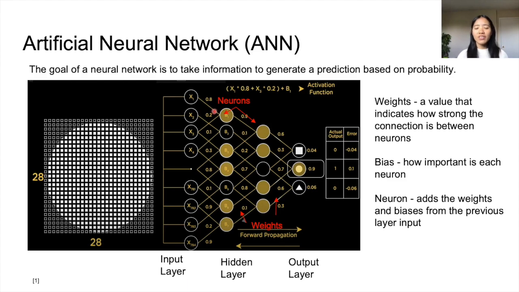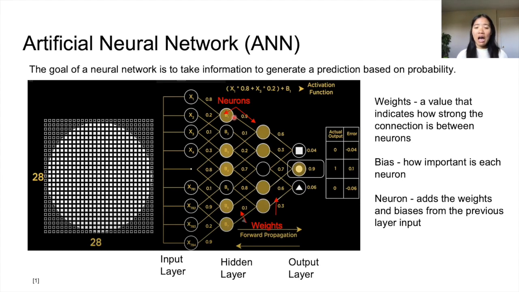If we think of an actual brain, where the stronger the connection is, the increased firing of action potential, this is the same thing in an artificial neural network, where the stronger the connection is, the higher the weight value is.